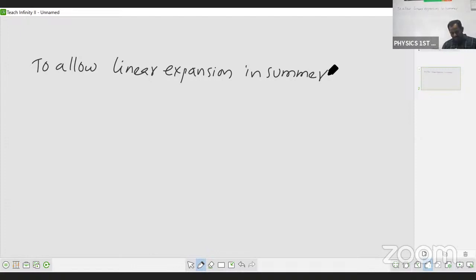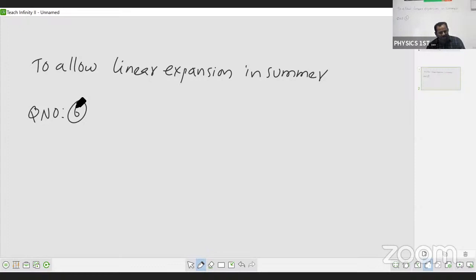Next question: why do liquids have no linear and areal expansion? This is question number 6 in our textbook. We are going only through important questions, student. Liquids have no definite shape. For liquids, only volume is present.